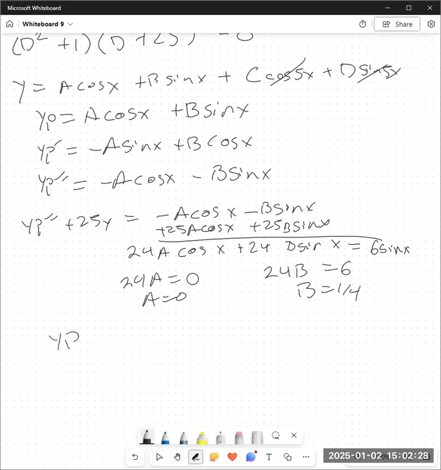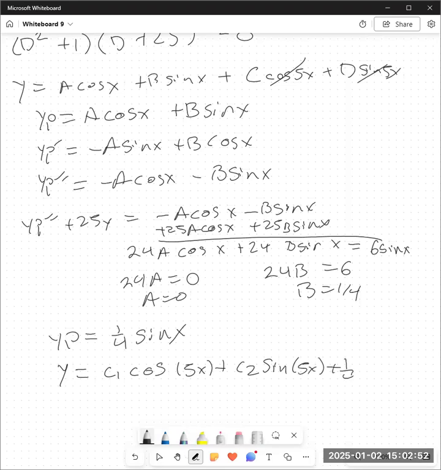So my yp is equal to 1/4 sine x, and that makes my y equal to C1 cosine of 5x plus C2 sine of 5x plus 1/4 sine x.